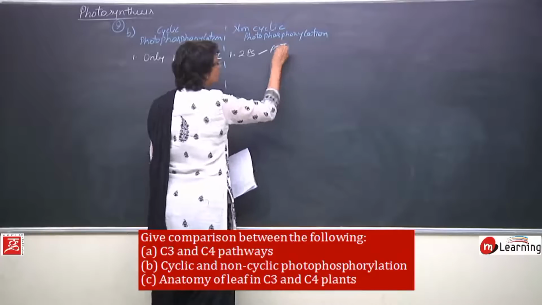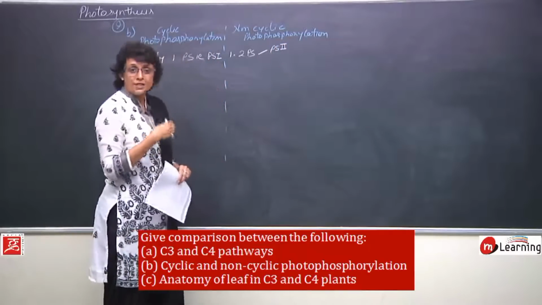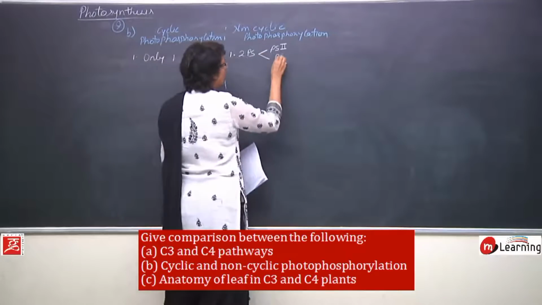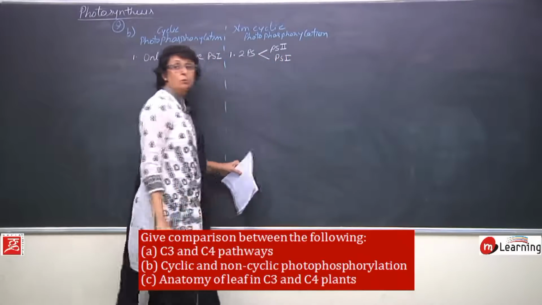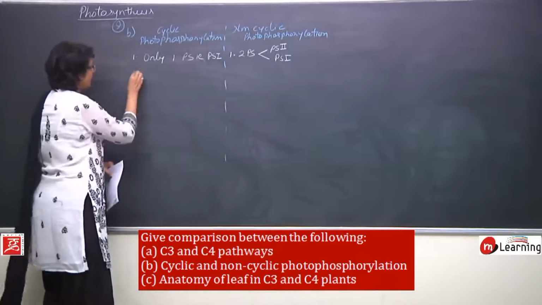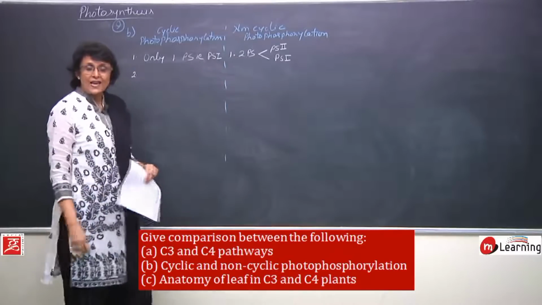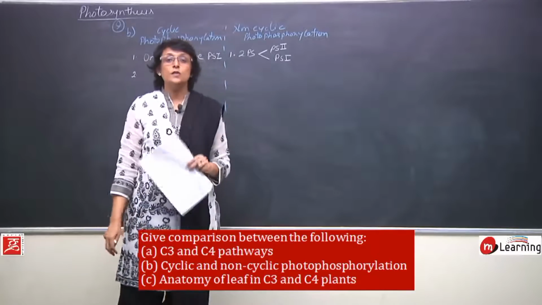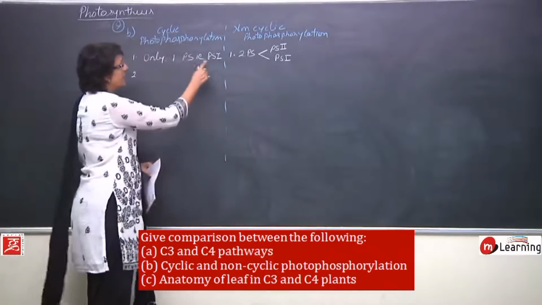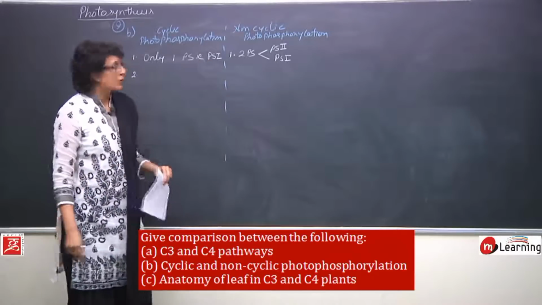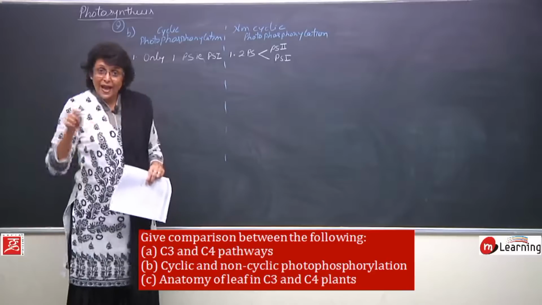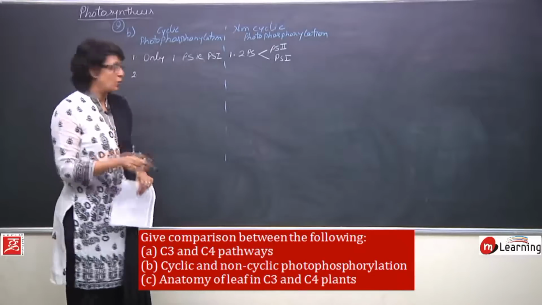I am writing 2 first because it is the one with which the reaction starts. In case of cyclic, the electron which is lost from the reaction center chlorophyll of photosystem 1 comes back to the same chlorophyll.